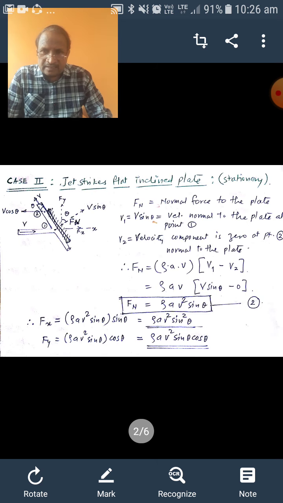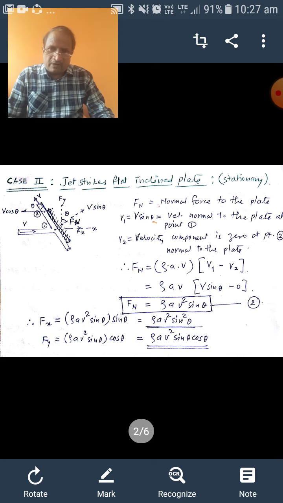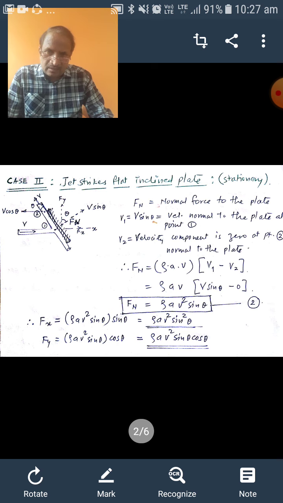Let us see how it is incorporated in the equation. You can see the same plate I have shown there. Now coming to the basic equation, Fn is equal to rho A V, that is the mass upon time, multiplied by initial velocity minus final velocity, V1 minus V2. Now V1, V2 already we have calculated. Therefore, Fn becomes rho into A into V multiplied by V sin theta minus 0. Therefore, Fn comes out to be rho A V square sin theta.